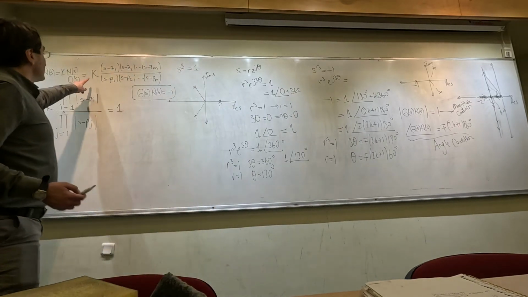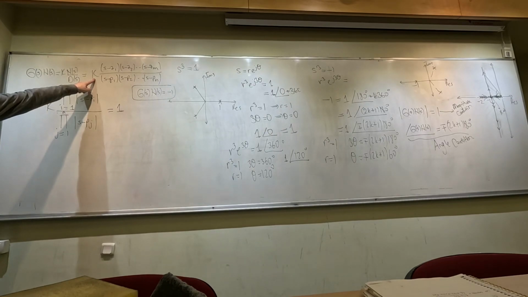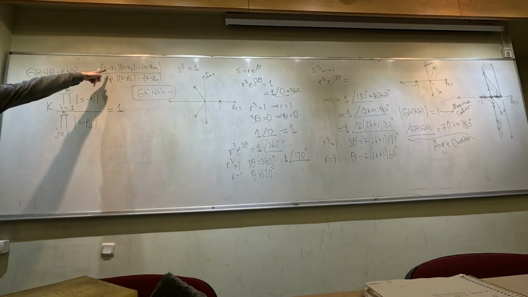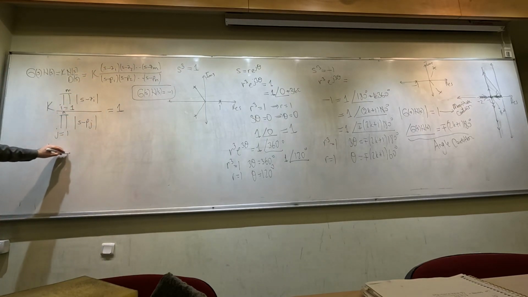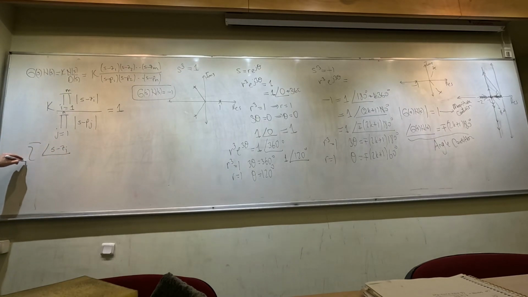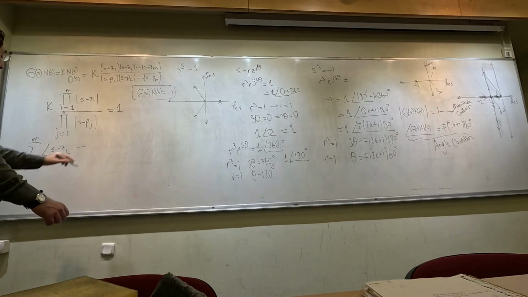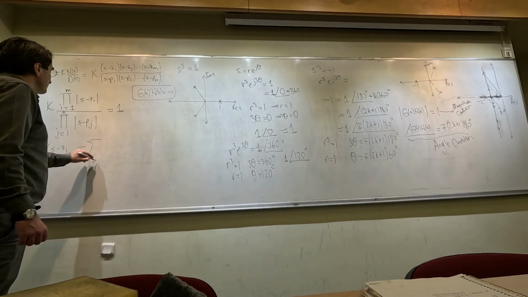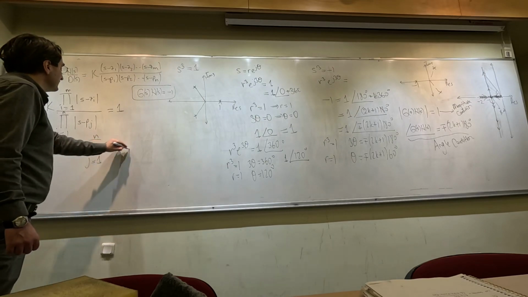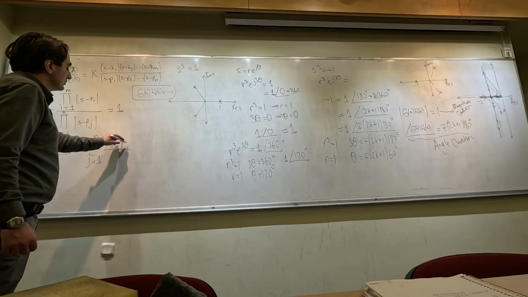So k is a real number and it is positive. What is the angle of k? Its angle is 0. The angle of this quantity is going to be the angle of s minus zi. I will sum this, i from 1 to m, minus, for j from 1 to n, the angles of the pole terms. Okay?